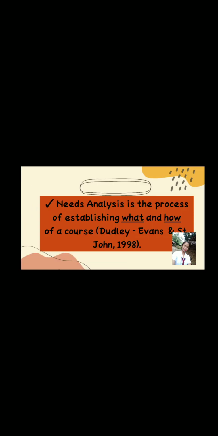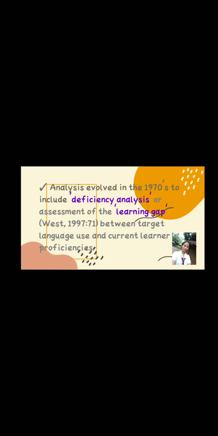Needs analysis is the process of establishing the what and how of a course. I think this is already discussed previously, so let's jump to the other slide. Okay. Needs analysis evolved in the 1970s to include deficiency analysis, or assessment of the learning gap between target language use and current learner proficiencies.